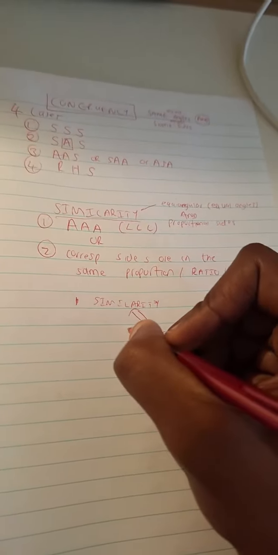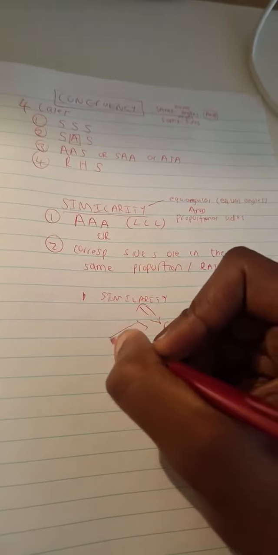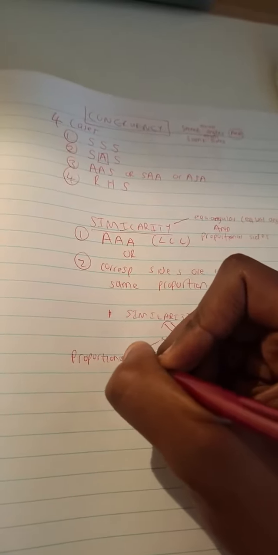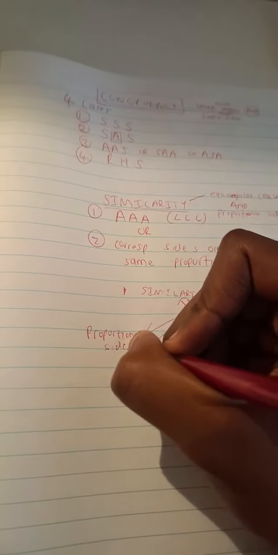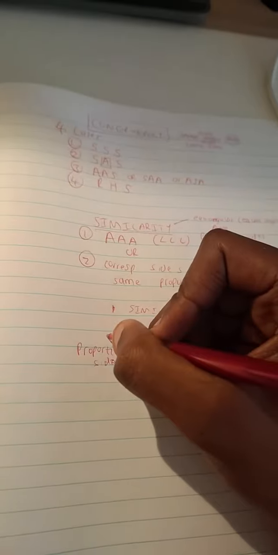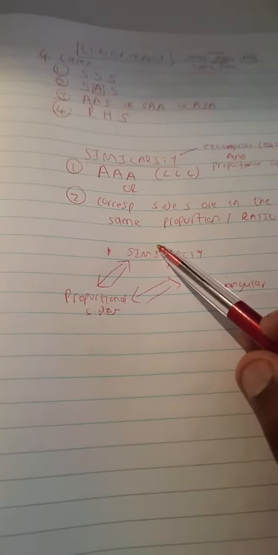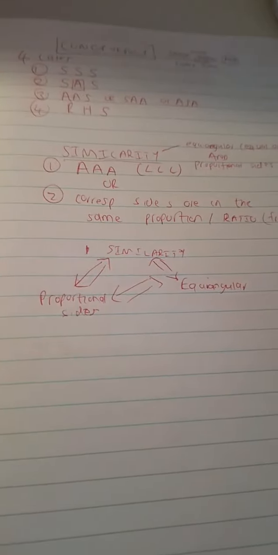And in the same way, equiangular means same proportion. Okay, proportional sides. And proportional sides also means similarity. Similarity means equiangular, equiangular means similarity. Similarity means proportional sides, proportional sides means similarity. Proportional sides means equiangular, and equiangular means proportional sides.